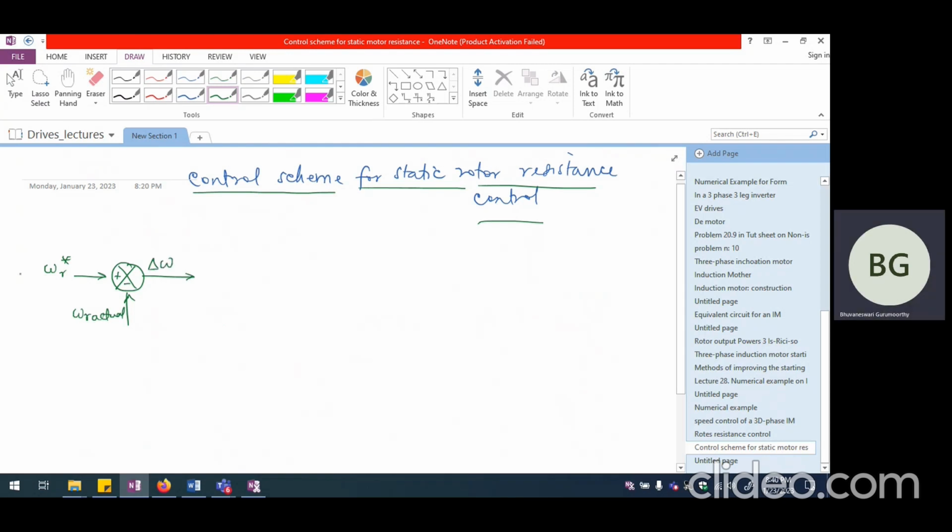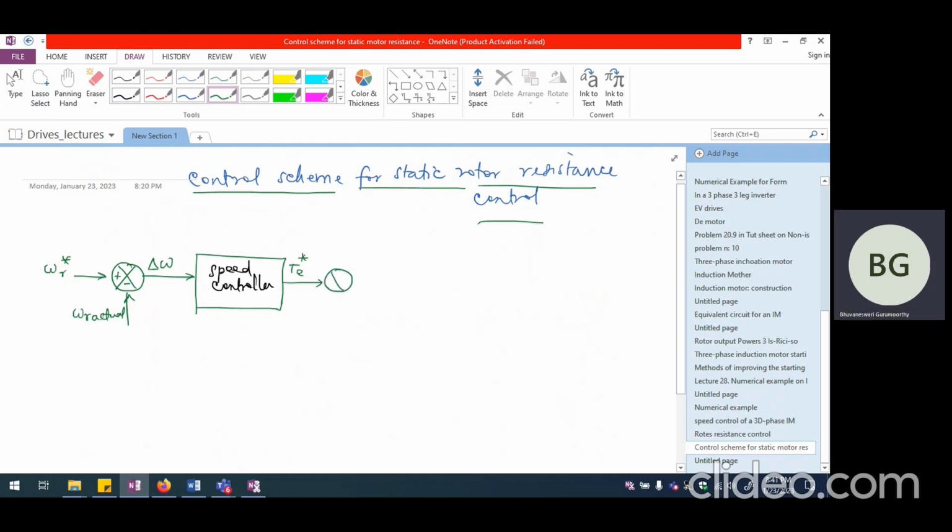Now, this speed error will be passed through a speed controller. The speed controller is going to decide what is the kind of torque or current that we require from the rotor circuit. So this is going to decide probably the torque. Let us say we are getting a reference torque.